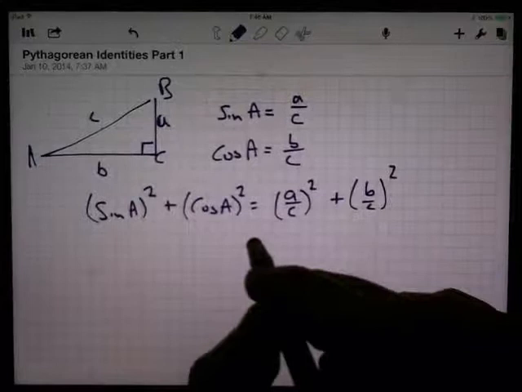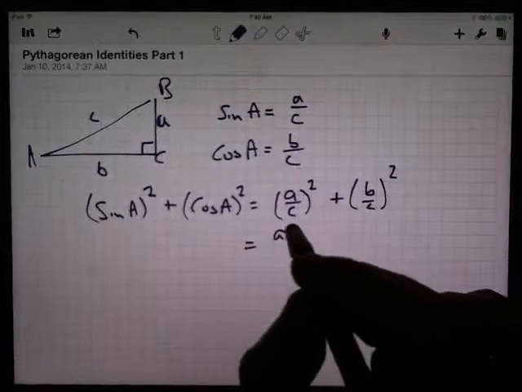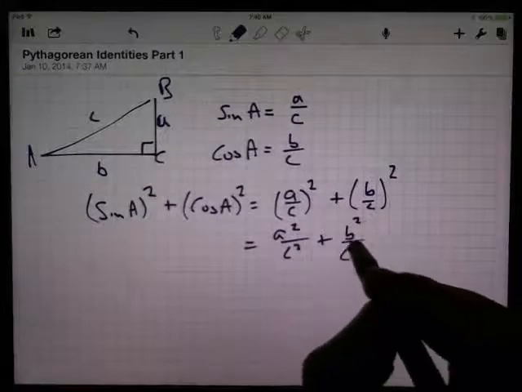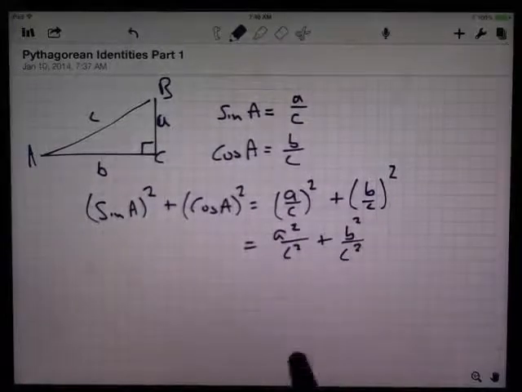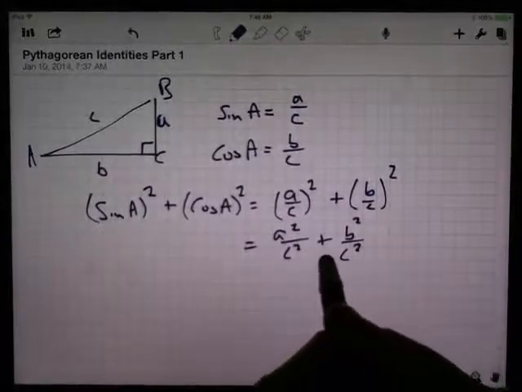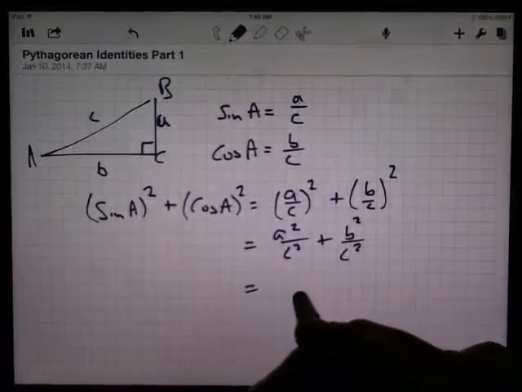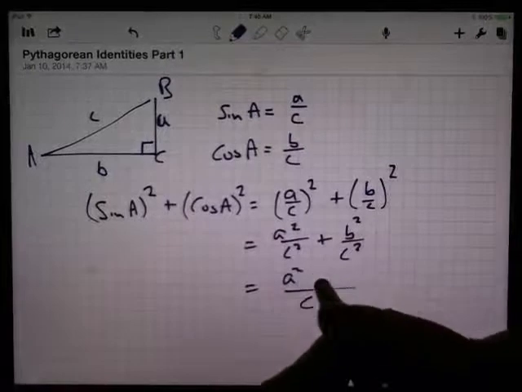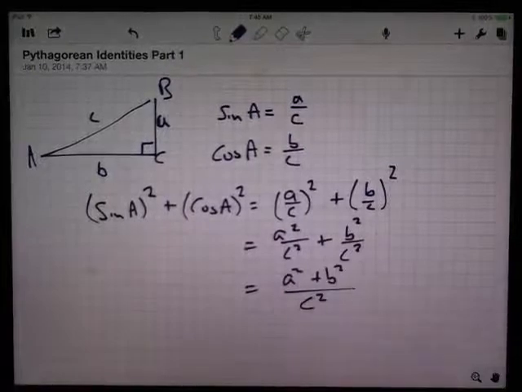So this is a squared over c squared plus b squared over c squared, as I square both of those fractions. Notice that I have a common denominator, so it's easy enough to add those two fractions. I just put that common denominator there. I've got a squared plus b squared on the top.